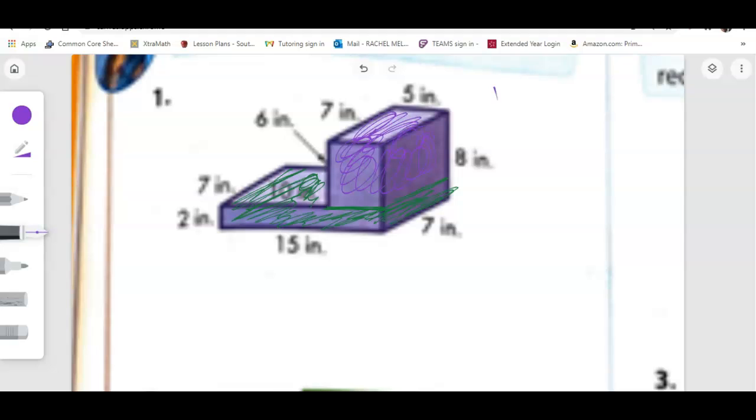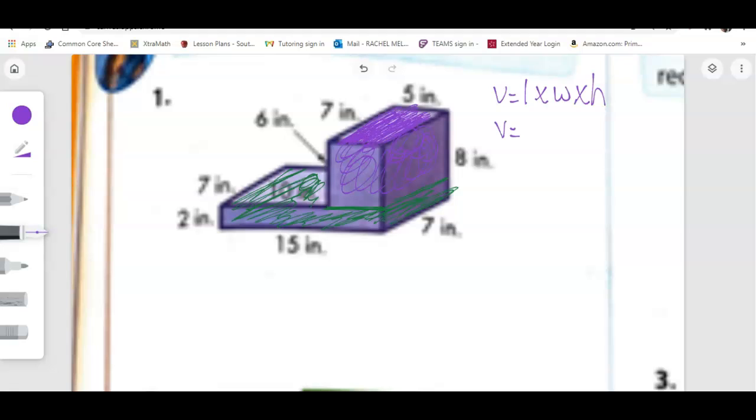All right, so volume equals length times width times height.